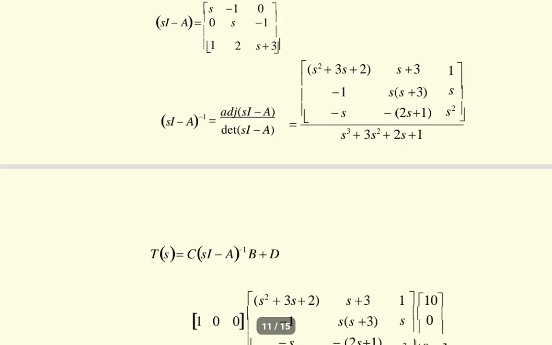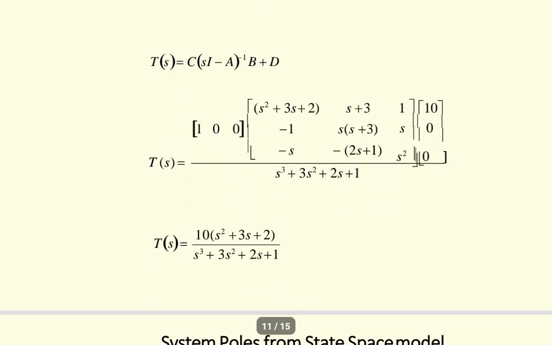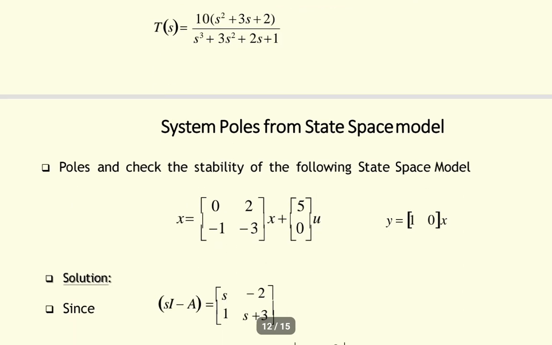D is not available, so D is a null matrix. After matrix multiplication, it generates 10 into (s^2 + 3s + 2) divided by s^3 + 3s^2 + 2s + 1.